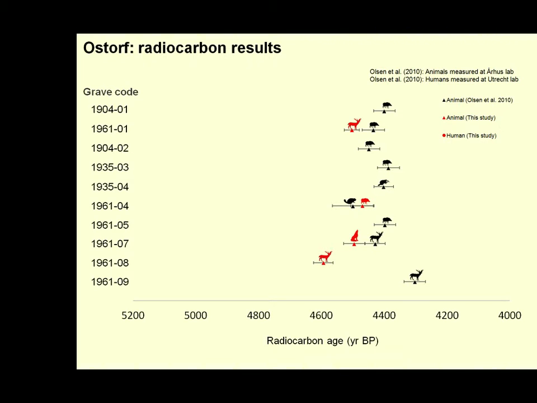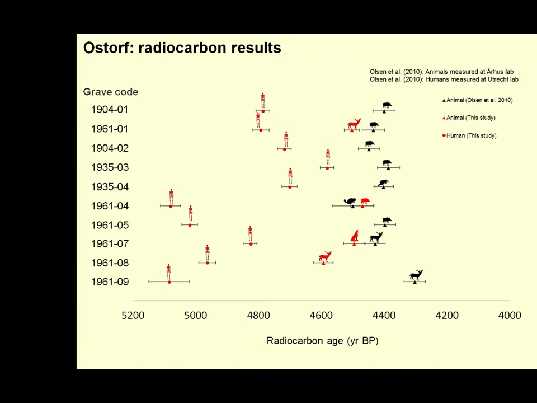We did additional radiocarbon measurements, and you can see here the results for animals, which fit nicely with the Middle Neolithic chronology. But the humans were considerably older than the animals, as you would expect from the consumption of freshwater fish, so they have a freshwater dietary radiocarbon reservoir effect.